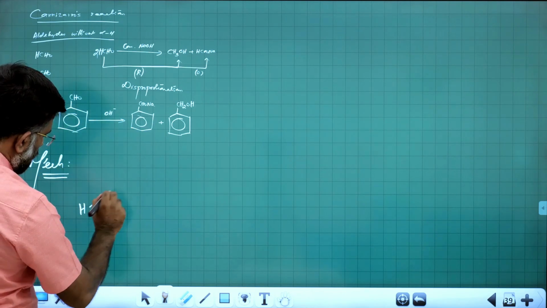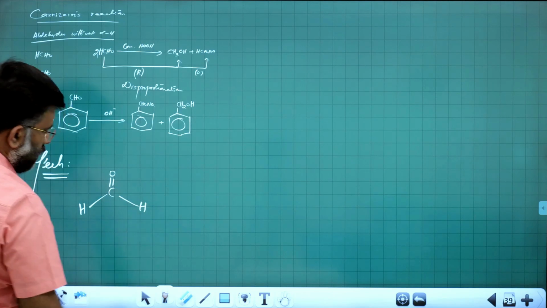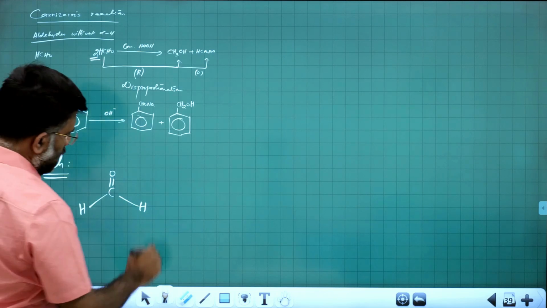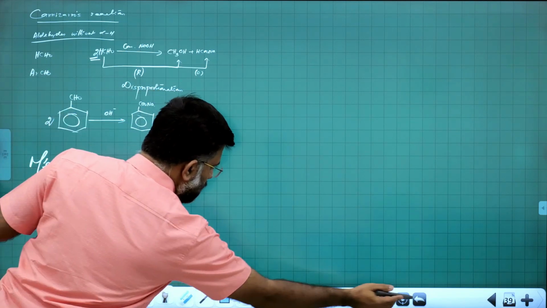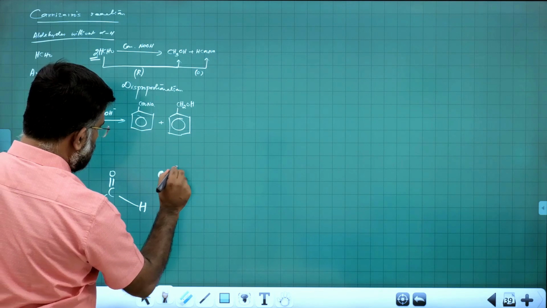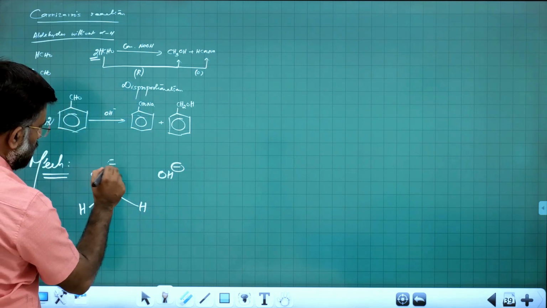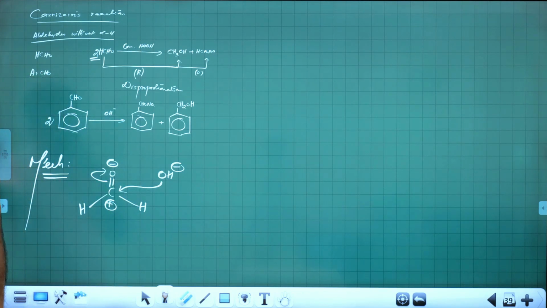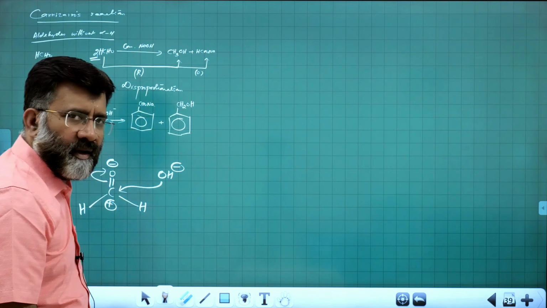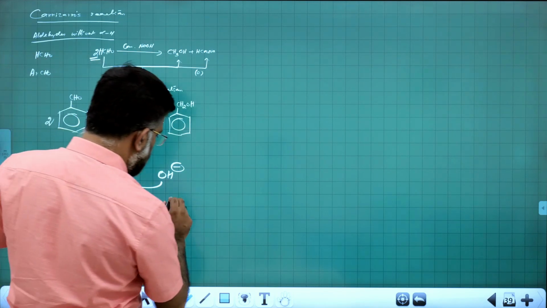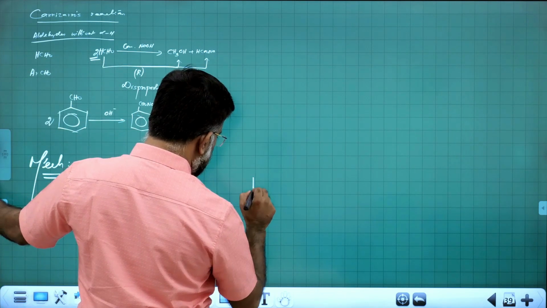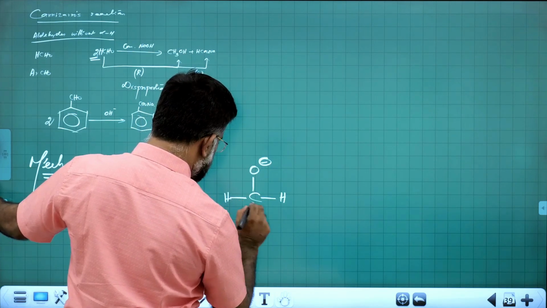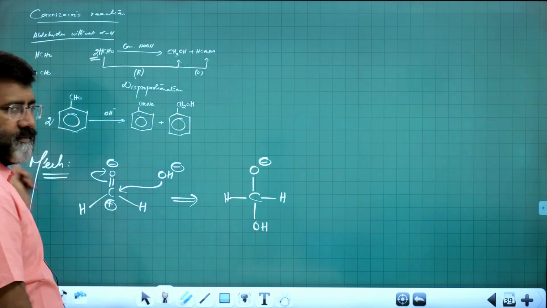We take molecule number 1. This is formaldehyde, molecule number 1. Of course, I have said two molecules. Now it is interacting with the alkali. You see it is polarizing as minus and plus, and this plus is attacked by OH minus. OH minus will attack the electrophilic center of the carbonyl, and the result will be a CO minus with OH.